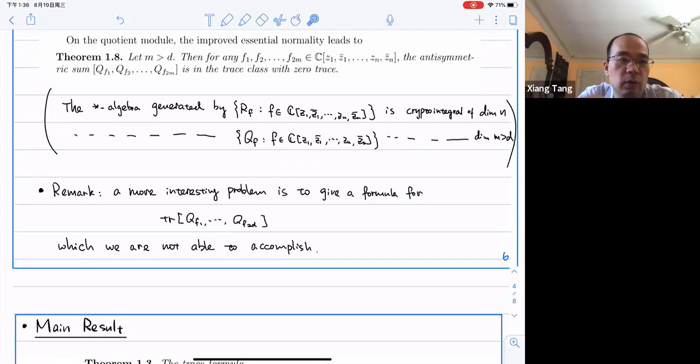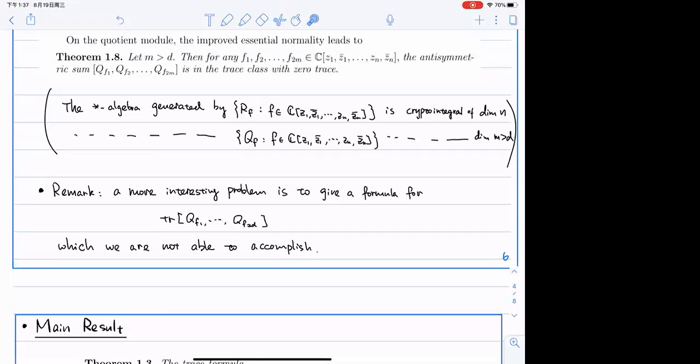If we know what variety we're working with and the exact geometric identification of the K-homology class, then maybe there's a chance to identify this cyclic cocycle as the Chern character of the K-homology class. That would be an interesting thing.